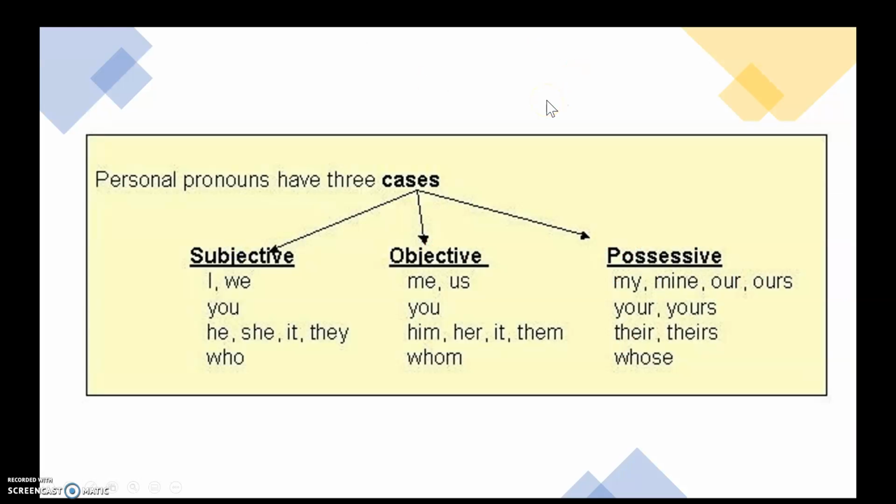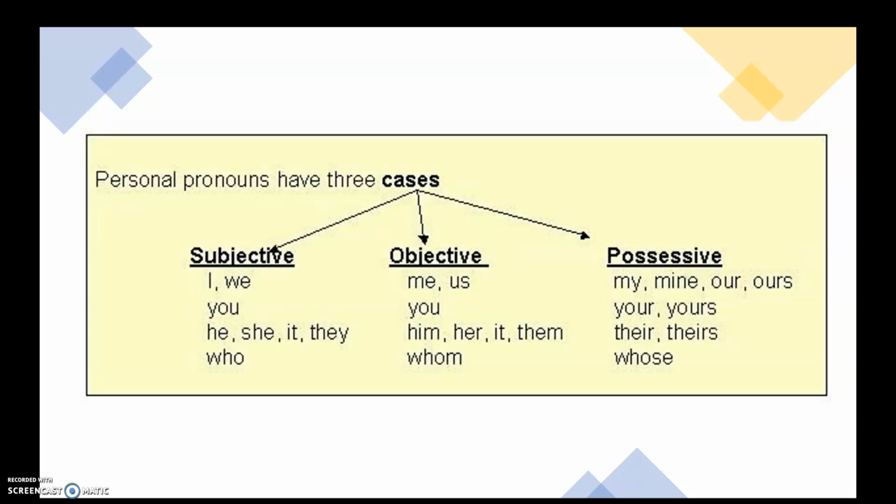So generally we have three cases: subjective, objective, and possessive. You use different words if the pronoun is functioning as the subject of the sentence than you would if it's the object of the sentence. So if I said, I am giving you a gift, we are giving you a gift, that's the subject.